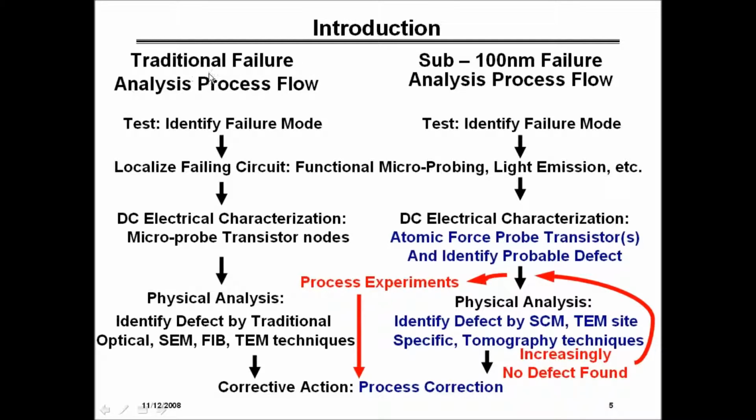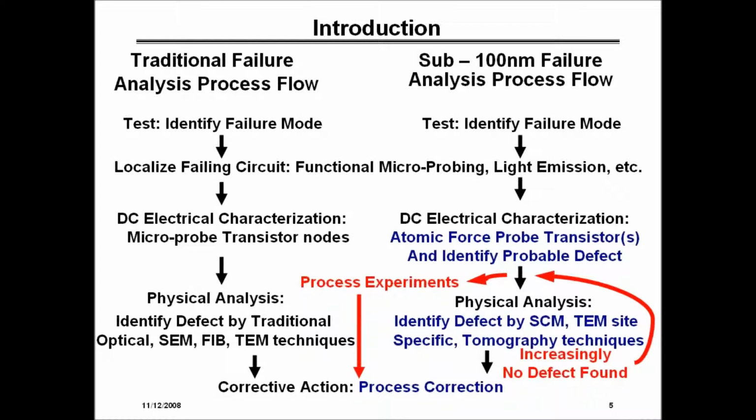So as far as the traditional failure analysis process flow, what we did in the past was with tests identify the failure mode, and then we localized the failing circuit, typically either by functional microprobing or through other techniques such as light emission or OBIRCH, say.